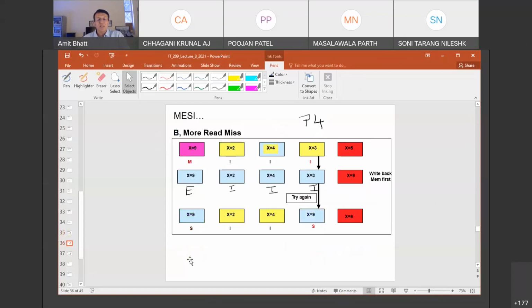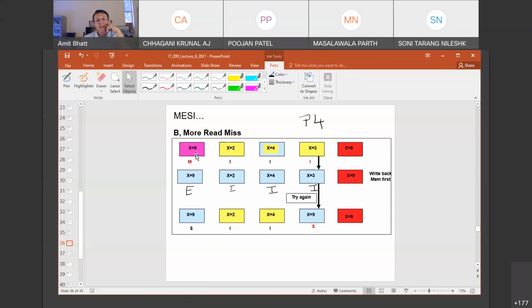The third case is where processor P1 has recently changed the value of a block X in its cache, and it didn't even have time to update it to main memory. P4 says, okay, I want to read it. An immediate request has come to P4 that I want the value of X. So the memory controller would stop it and say, no, you can't cache the value from main memory because it does not have the current value. It will have to make this current first.